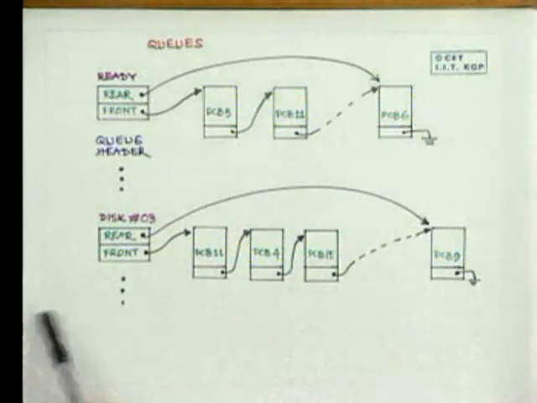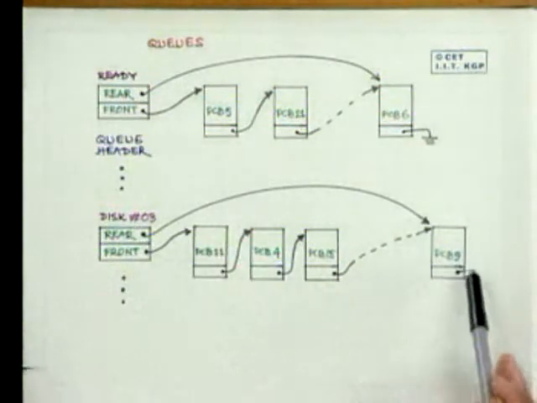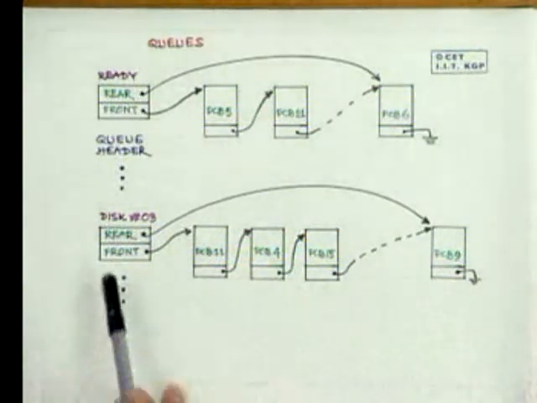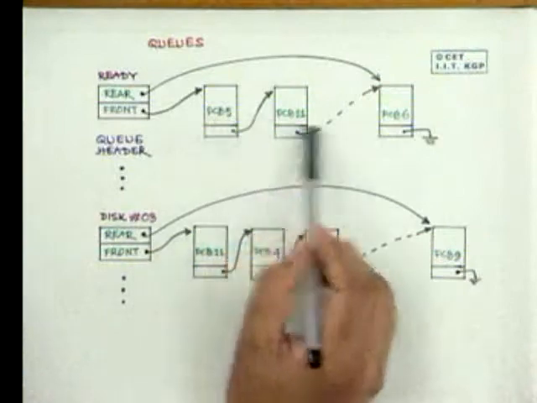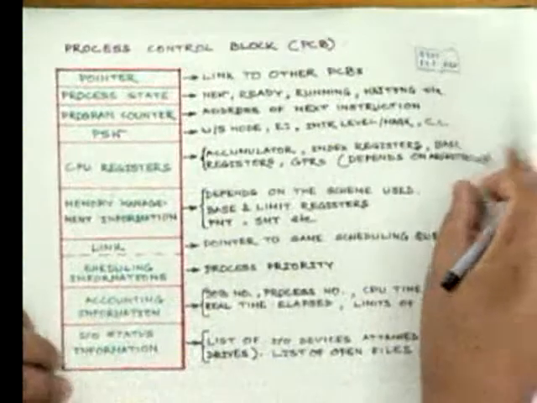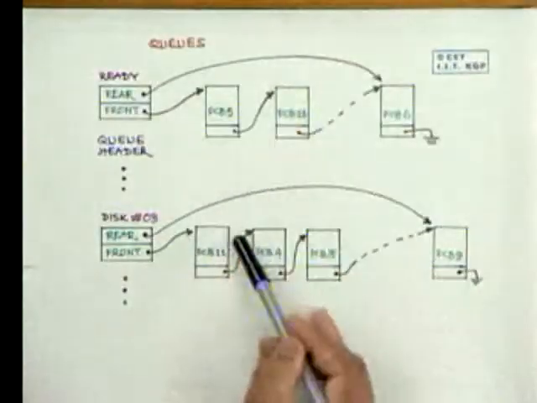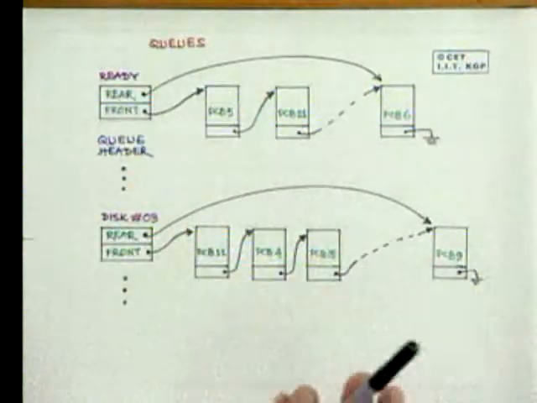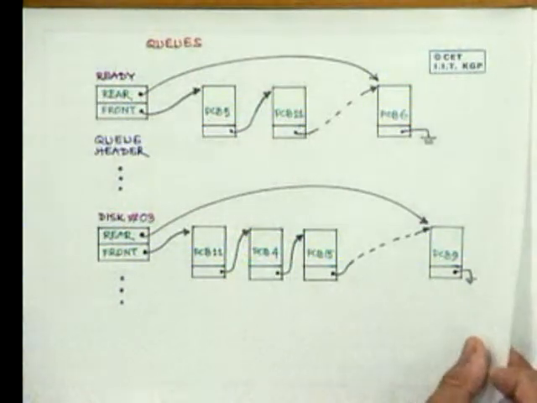Very easily it can take from the front, and very easily it can put a process into the rear. There may be many such linked lists, many such queues, and all the processes here are linked by means of this pointer. This pointer essentially links all the PCBs in the system, irrespective of which state they are in. That's the way we can maintain queues.